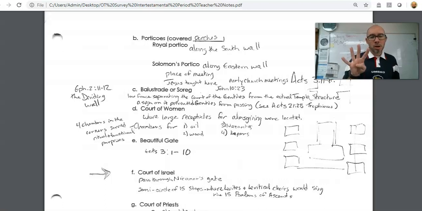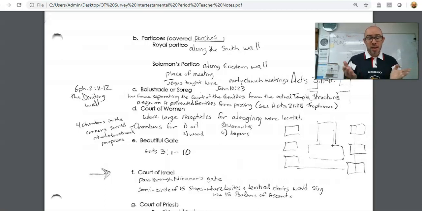There were four large receptacles, one in each corner, for almsgiving, etc. There were also storehouses for the Levites for their work: oil, wood, and for the Nazarites where they keep their vows and get their hair cut, etc. And lepers, where they could go get checked out, so they could be presentable and be clean again. Also, again, almsgiving for these various groups. Four chambers in the corners served ritual and functional purposes.